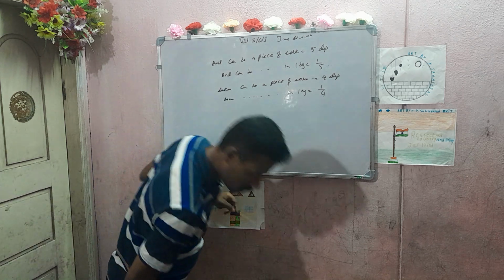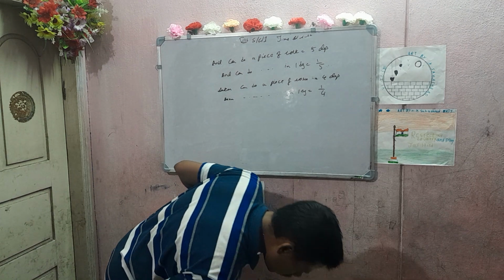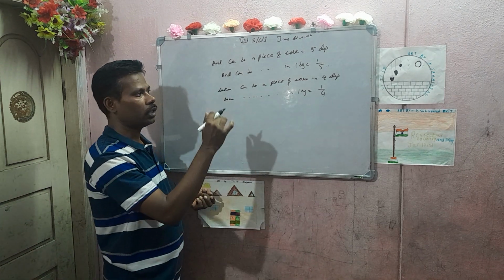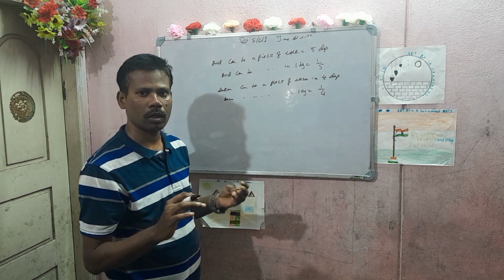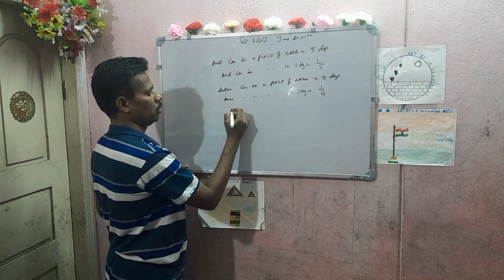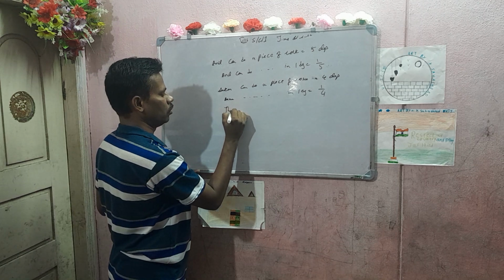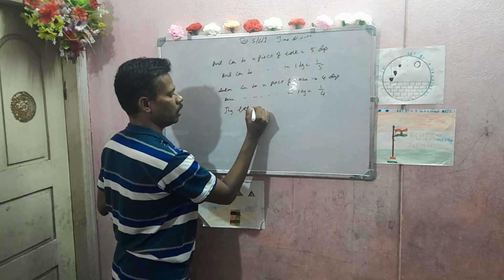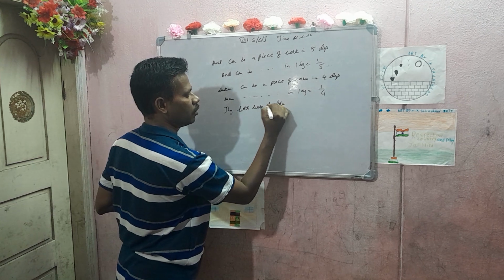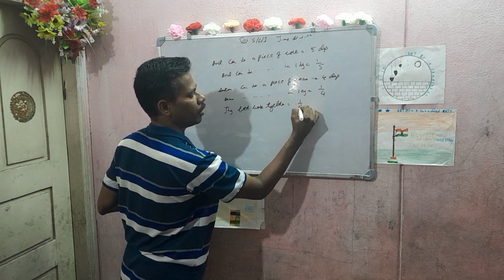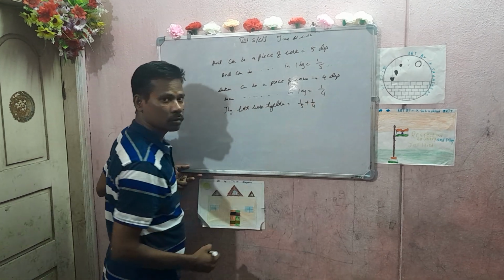Next, what they are asking: how long will they take if they work together? Together means what? We have to add. They both work together in 1 day is equal to 1 by 5 plus 1 by 4.